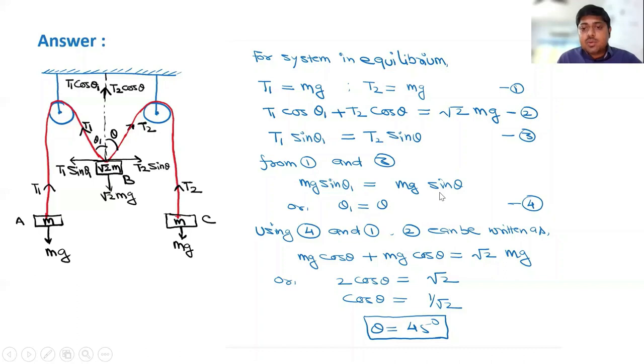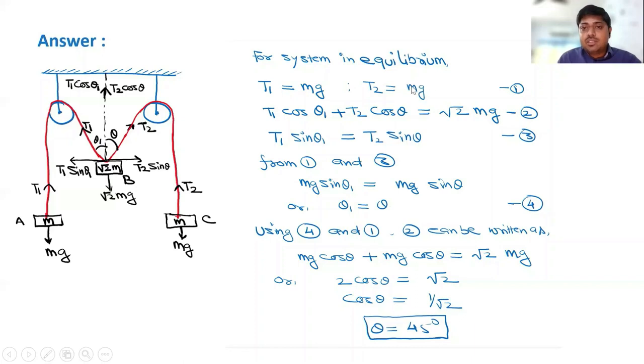And further, because we have to find the value of theta, we use theta 1 is equal to theta, let's say this is equation 4, and from 1, T1 is equal to mg and T2 is equal to mg.